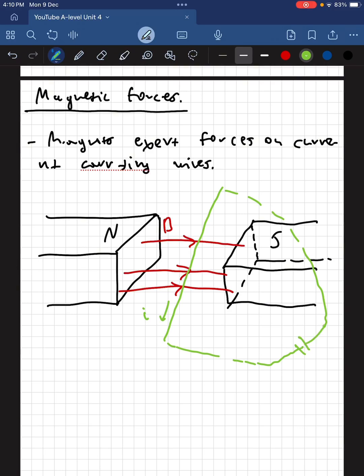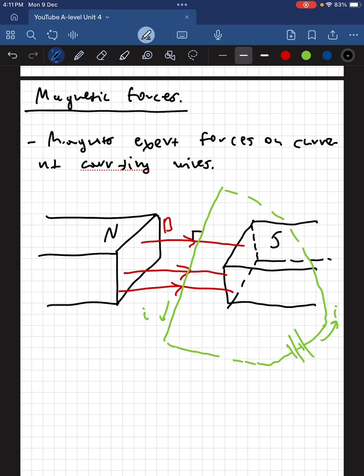So this is my battery. Sorry, these are not connected. So let's say I have a battery pack that creates this current. Now, in this example I'm showing here, the current I is perpendicular to the magnetic field lines.